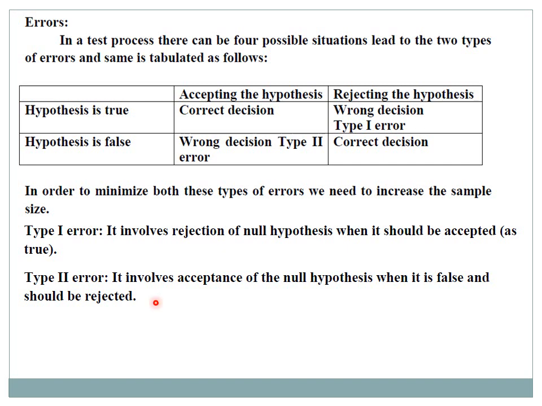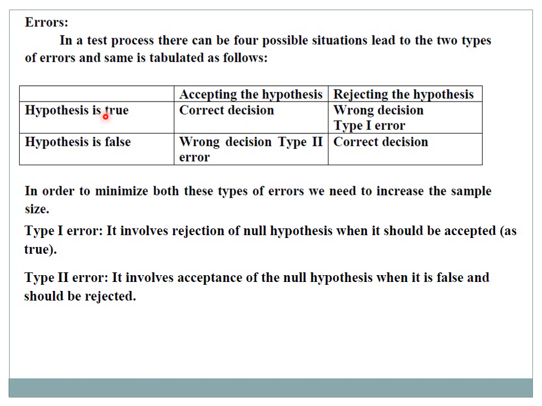Okay? Or then see this. In the test process there can be 4 possible situations which lead to 2 types of errors. If the hypothesis I have selected is true, then we will either accept the hypothesis or reject the hypothesis. If the hypothesis is true and we are accepting it, then that is a correct decision.